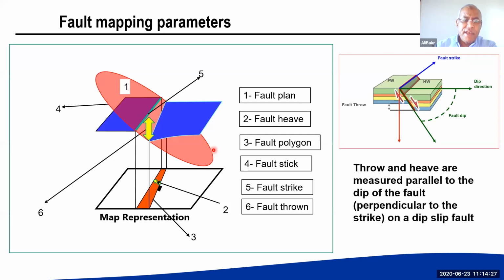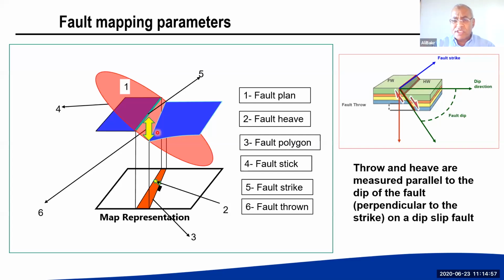Another thing, if I cut this with a seismic line, this part, the edge of that ellipse, is called the fault stick. The simple description for the fault stick: when you have a seismic section and you take your pencil and start to trace the place of the fault, what you are drawing here is the fault stick.